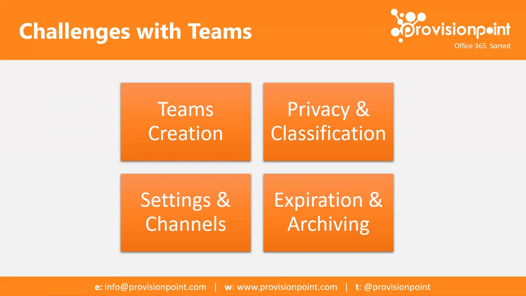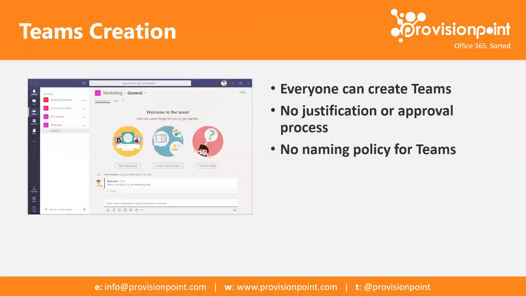So I'm going to talk about Teams creation, privacy and classification, the actual structure of the team, so settings and channels, and then expiring and archiving Teams once they're finished with. To start with, I'm going to focus on some of the challenges and problems in these 4 different spaces. So firstly, team creation.